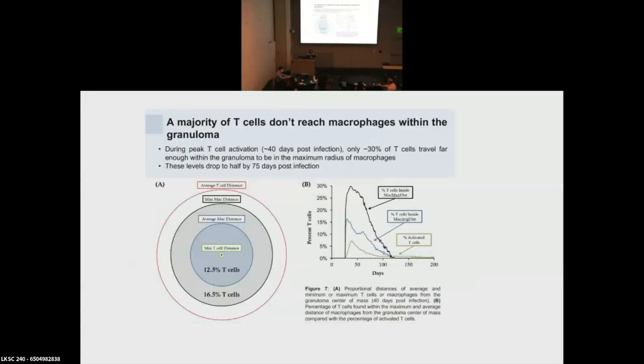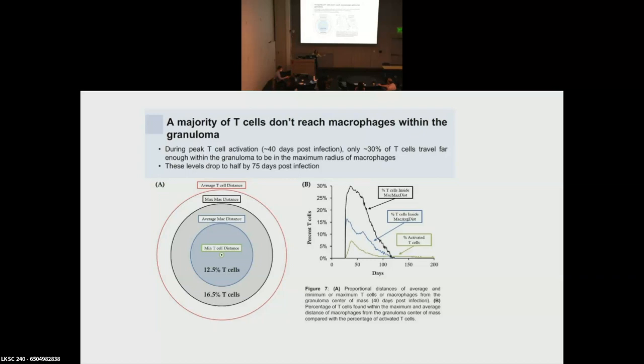So we built a model with GranSim that said that it's because during the peak of activation only, and this is at day 40, but this is over time, the average distance between T cells and macrophages is too great. Only about 30% of T cells are able to get near a macrophage. And later on, of course, those numbers drop over time as this granuloma grows.